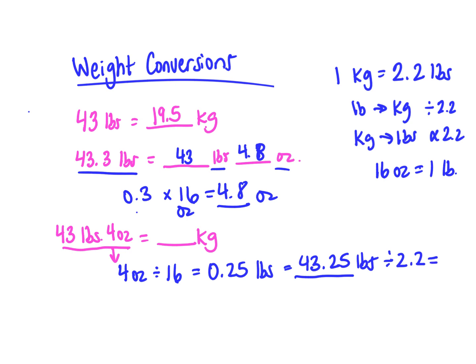So when you divide that, you will end up with 19.7 kilograms. And that would be your answer for this right here, 19.7. So I basically had to take this 4 ounces and convert it into a decimal format so I could divide it appropriately.